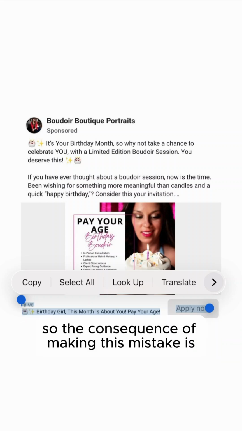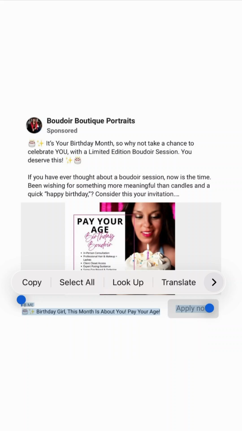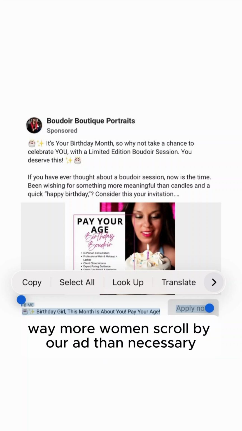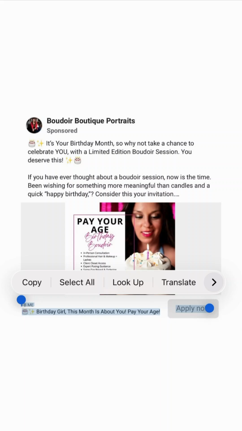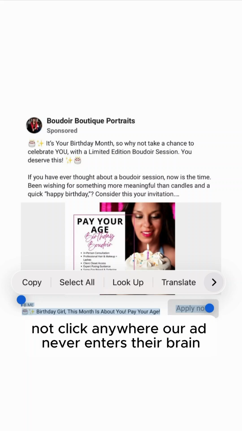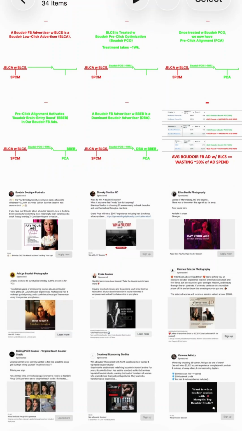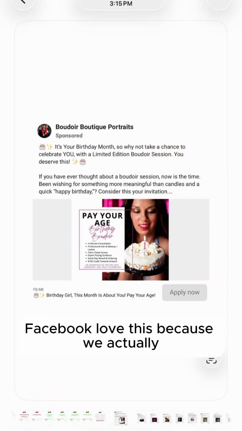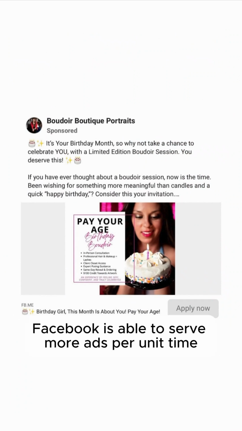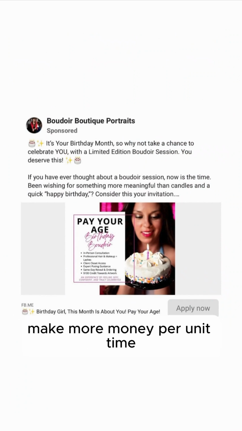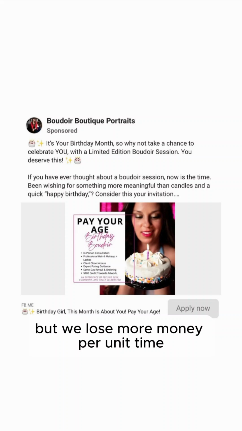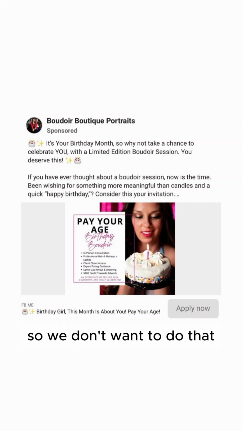The consequence of making this mistake is that way more women scroll by our ad than necessary, not clicking anywhere, and our ad never enters their brain. Facebook loves this because Facebook is able to serve more ads per unit time and make more money per unit time, but we lose more money per unit time. So we don't want to do that.